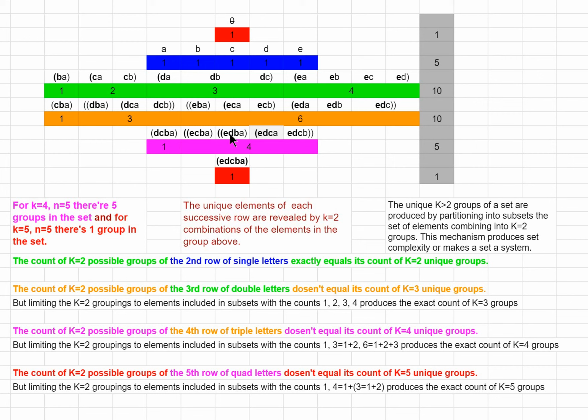Now, the 3 equals 1 plus 2, an EDB, and an EDC and an EDC. So again, the EDB is by itself, so it cannot combine with another element to produce a k equal 5 order group. And so the only group we can produce is with the 2 EDC groups, and combining those, we get EDCBA, the 1 k equal 5 order group.